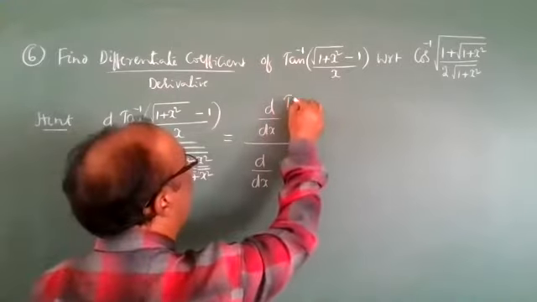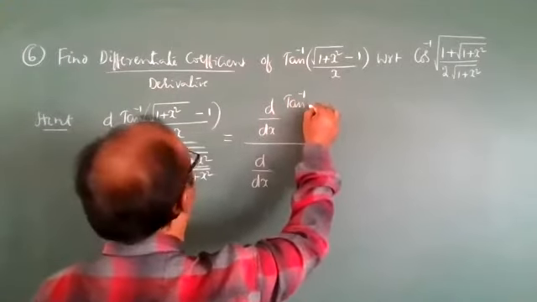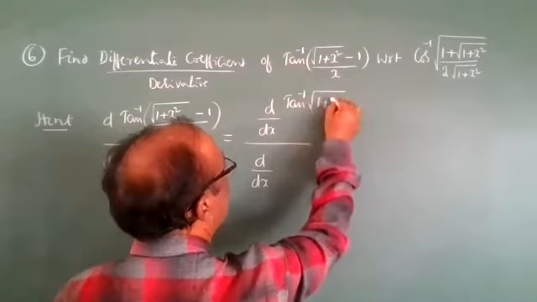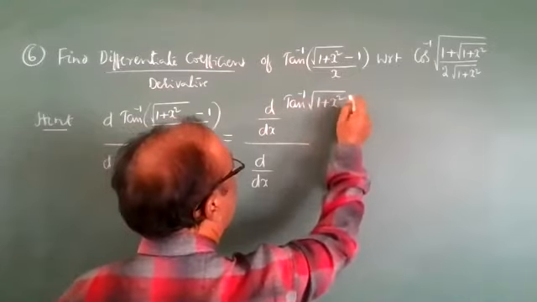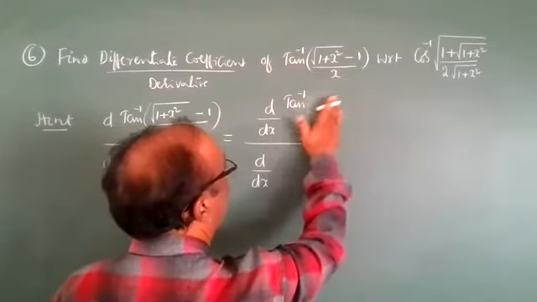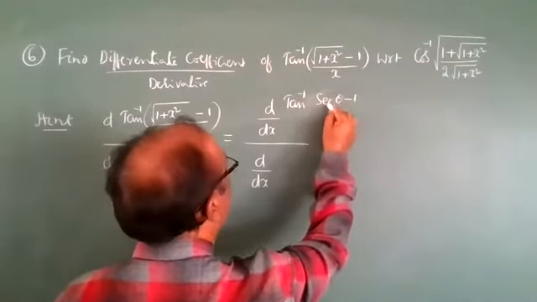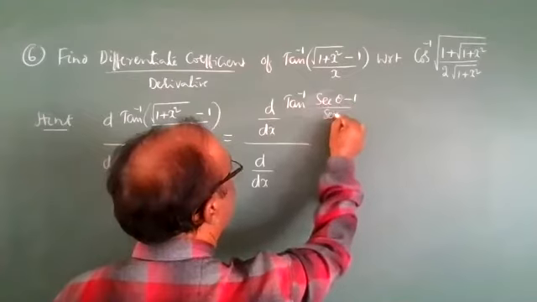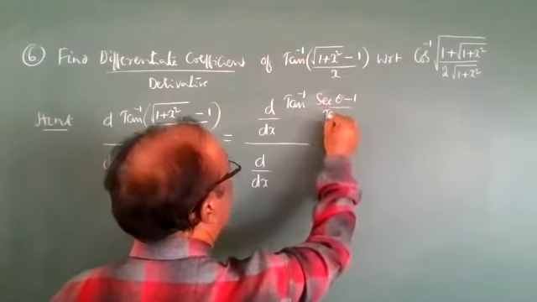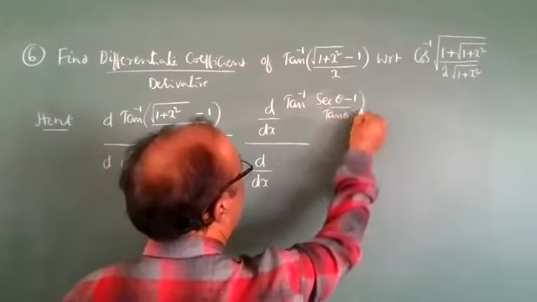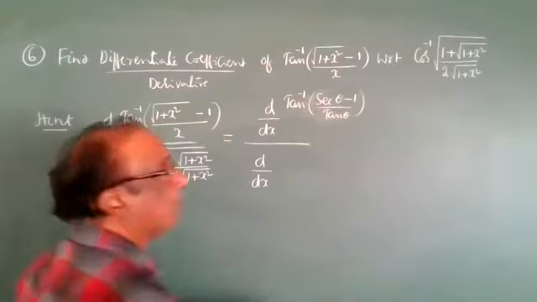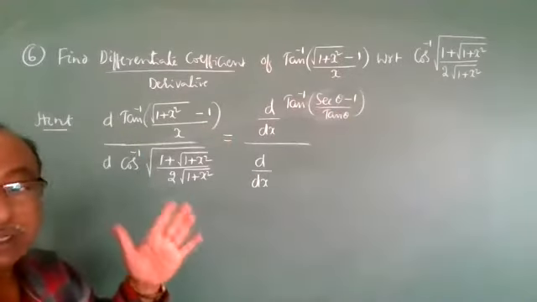Now write down tan inverse of (root over 1 plus x square minus 1) by x. I am writing directly: root over 1 plus x square is secant theta, so it is secant theta minus 1 by tan theta. Keep it in mind: let x be equal to tan theta.